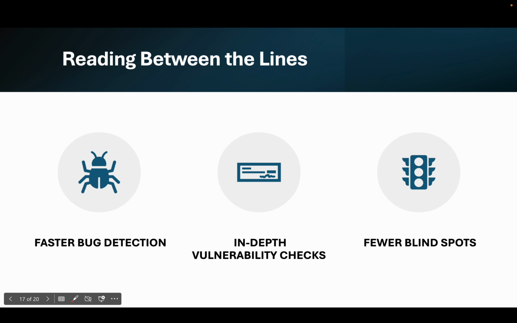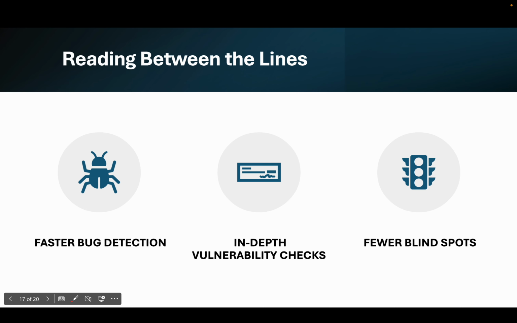So moving on, beyond the raw numbers, these results translate into real world benefits. The real world benefits are faster bug detection. If you can test more program states in a shorter time, you are more likely to catch critical bugs earlier. One more advantage is in-depth checks.